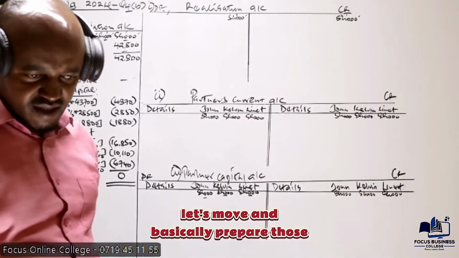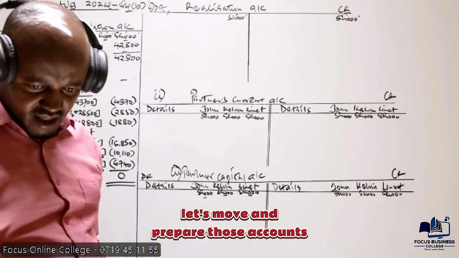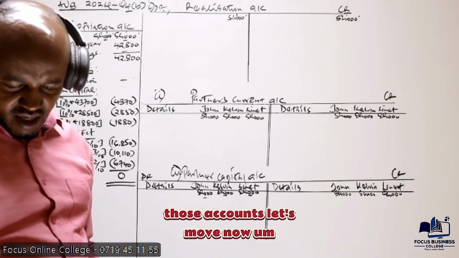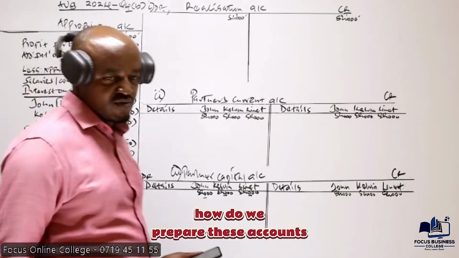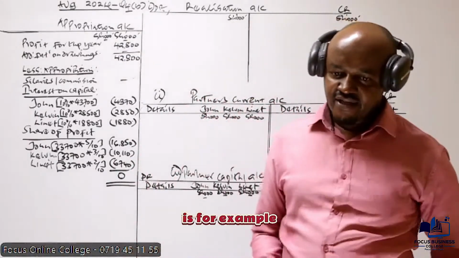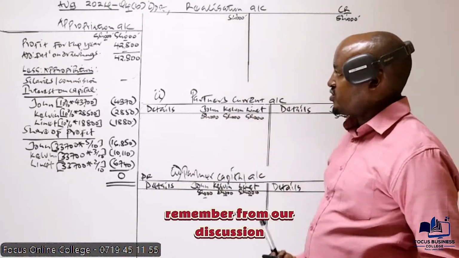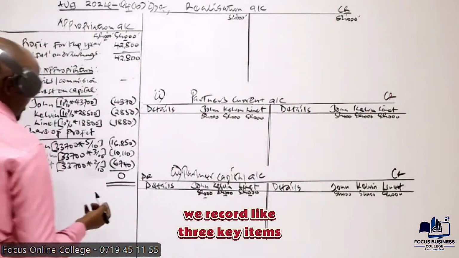Let's move and prepare those accounts. Now, how do we prepare these accounts? What we need to recall is, for example, what do we record in this account? Remember from our discussion, I've said when preparing this account, we record 3 key items.